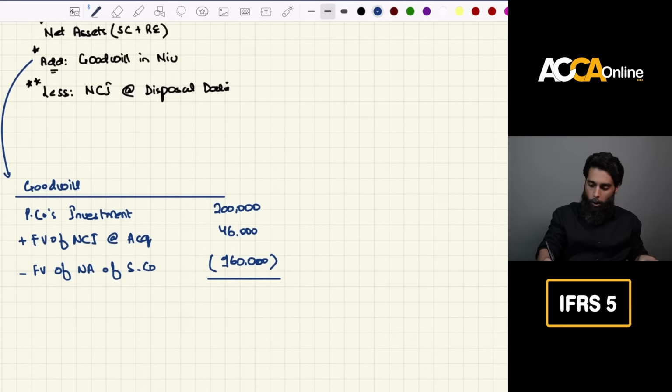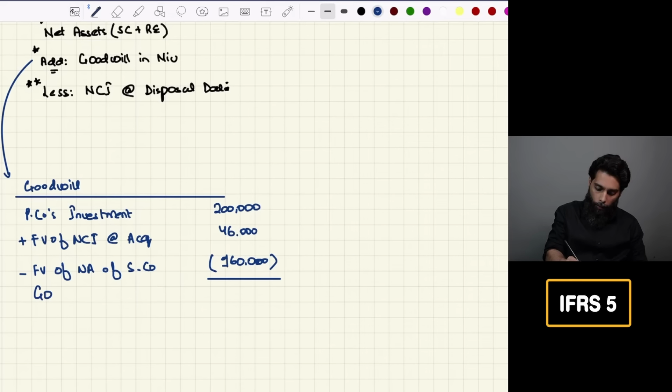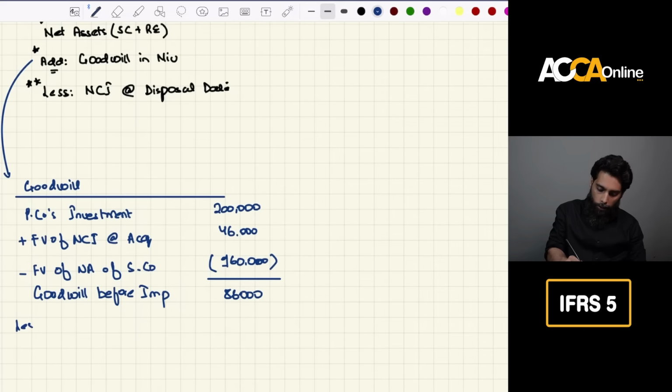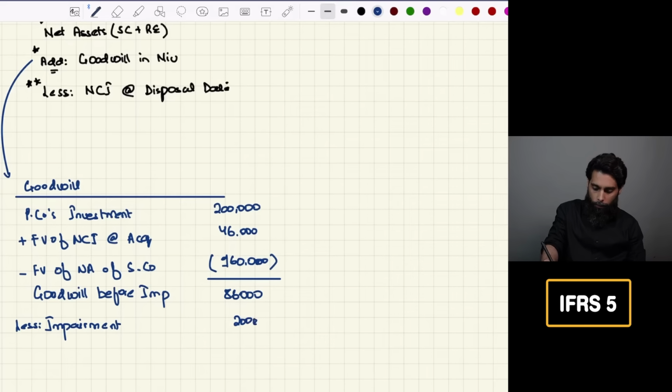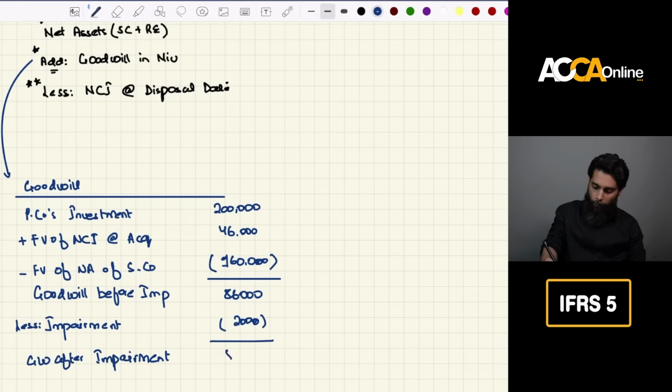And this should provide you a goodwill before impairment of 86,000. And then you subtract any impairment that happened. And that impairment was basically 2,000. And here you go. You are left with goodwill after impairment of 84,000.